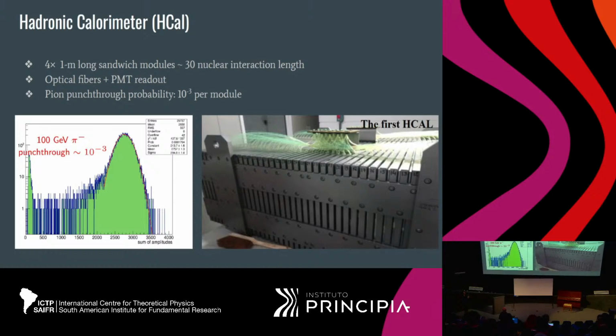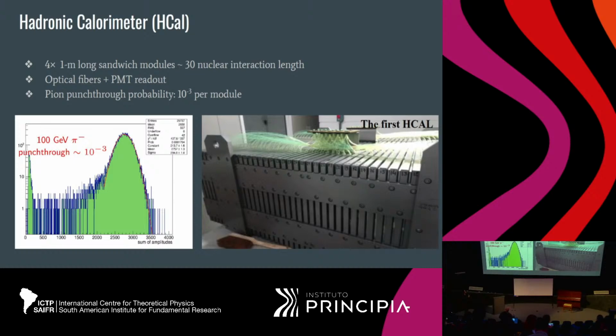And then we have optical fibers to bring the light outside the plastic scintillator, and again a PMT readout. We have 4 modules, each basically 1 meter in length, and the main role of this detector is to stop hadrons, for example neutral hadrons, because we can have a production of neutrons with high energy, or neutral mesons too.